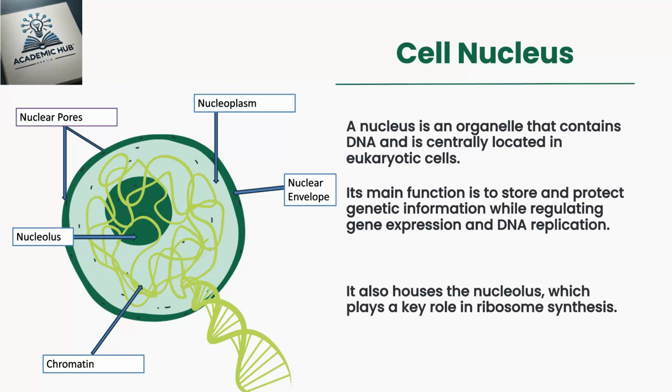Now we will discuss the structure and location of the nucleus. Structure we have already discussed, and now the location. The nucleus is a large spherical or oval shaped organelle found in the center of most eukaryotic cells. It is enclosed by a nuclear membrane.